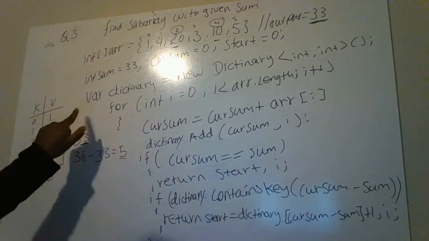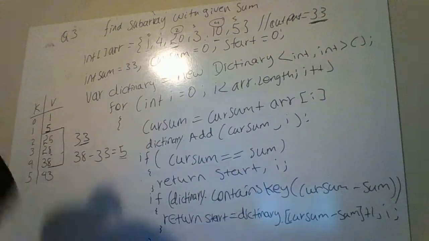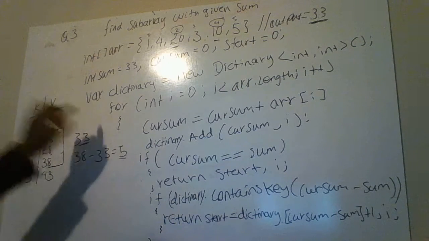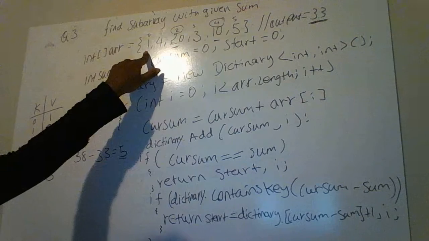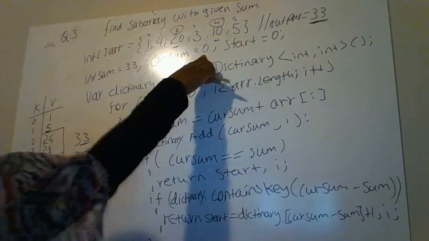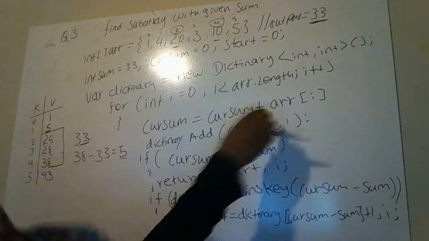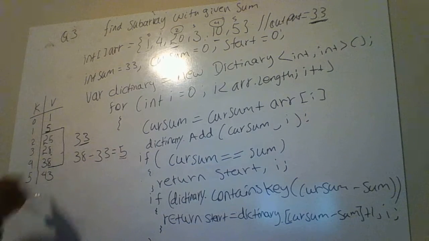Okay, and then here I have my dictionary. It's gonna have both integers, and then in my for loop I'm gonna start from the first index all the way to the end, and then current sum, which was 0 first, and then I'm gonna start adding each element to my current sum. That's what I did here.